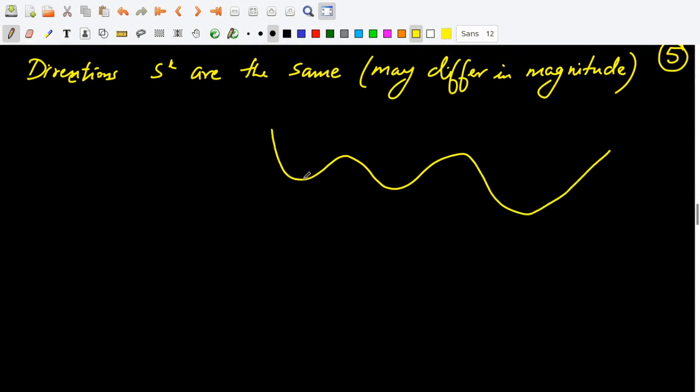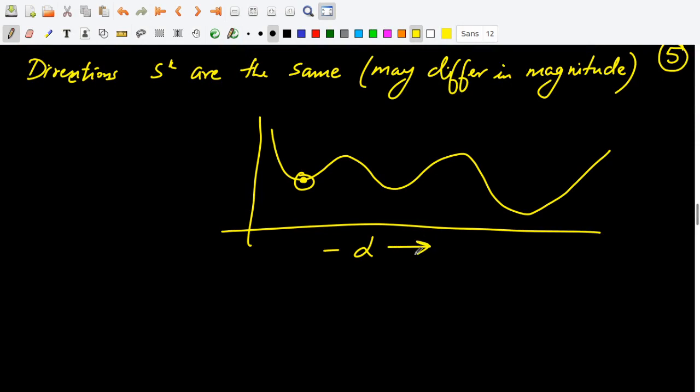So for example, you may say that I always choose the first local minimum as alpha increases from 0. Then DFP or BFGS or anything in between will give you the exact same points.